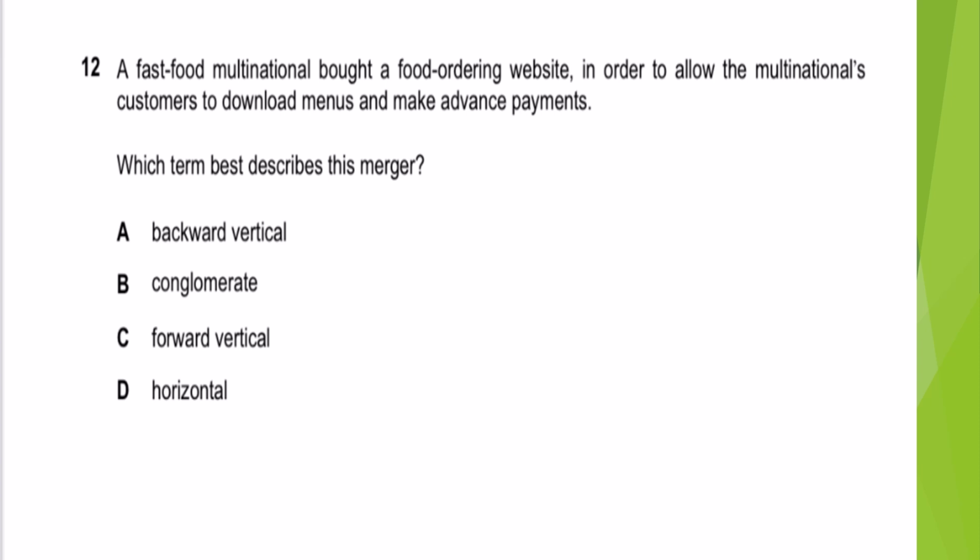A fast food multinational is going to buy a food ordering website. So it is moving forward, not backward. When it is moving forward, a way ahead, it would be a forward vertical merger, right? So C would be the correct answer for this MCQ.